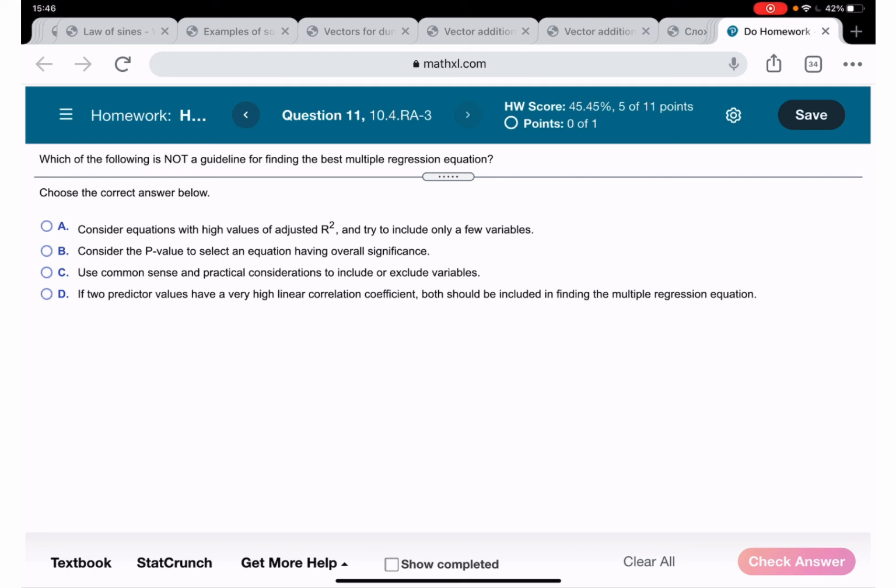And if two predictor variables have a very high linear correlation coefficient, both should be included in finding the multiple regression equation.